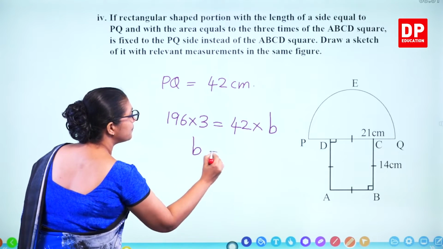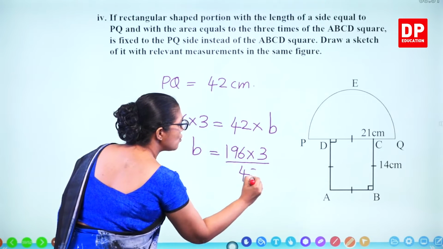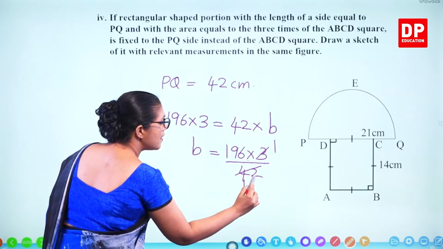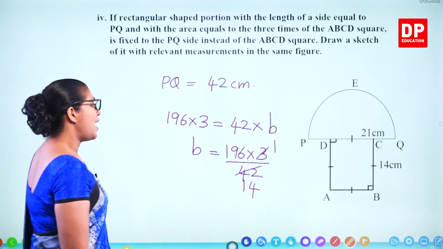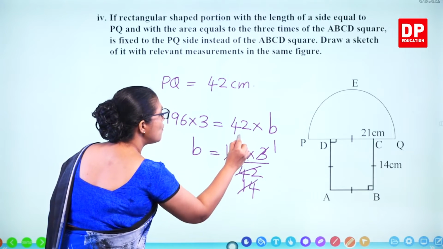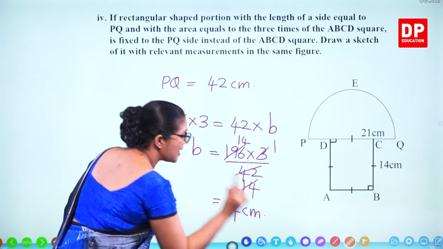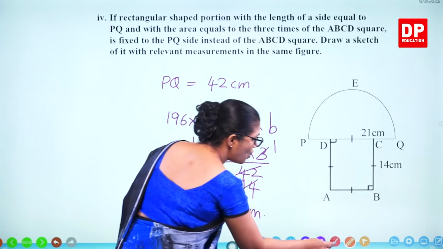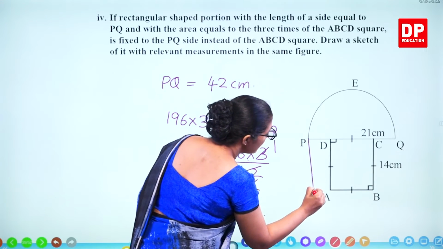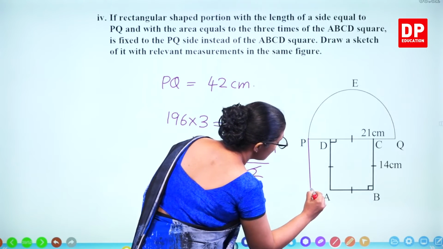So what's breadth? 196 into 3 divided by 42. So divide, 3 times 1 here, 3 times 4. And 14 times 14 is 196. So this is 14. So what's the breadth? 14 centimeters. So you can draw a rectangle here with breadth 14.